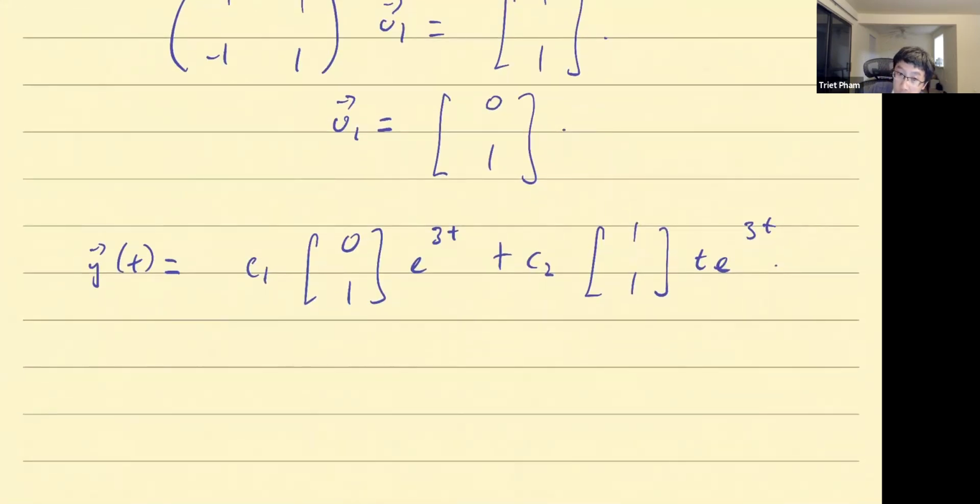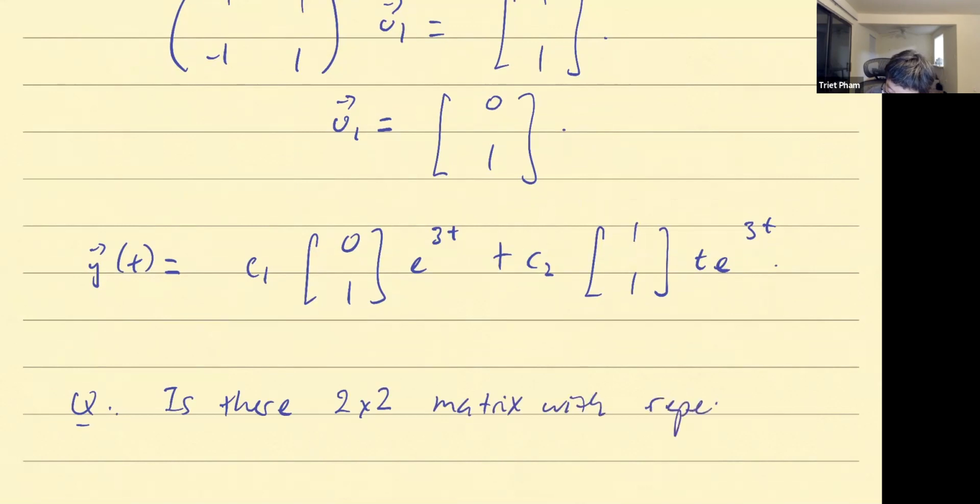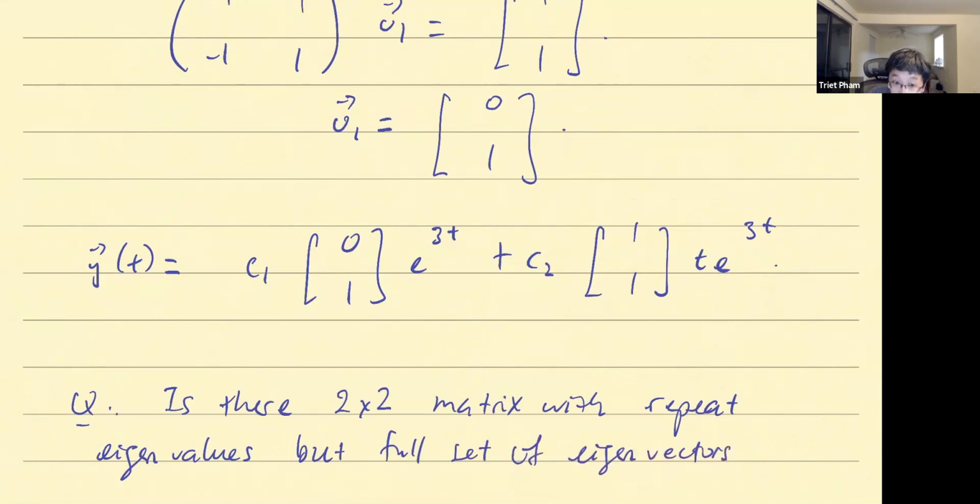All right. So, question for you. Let's do 2 by 2 for now. Is there a 2 by 2 matrix with repeated eigenvalues but a full set of eigenvectors? That's actually Albor's question.